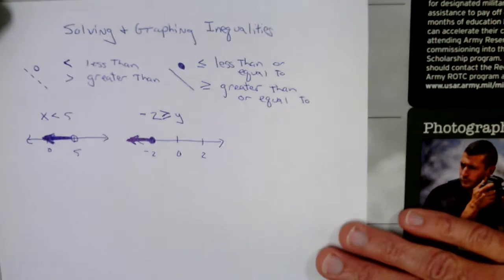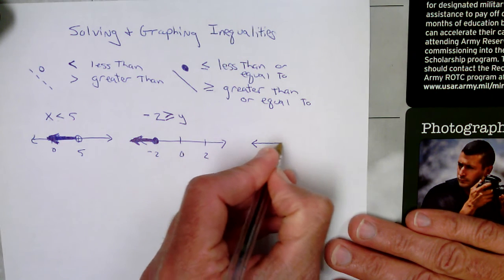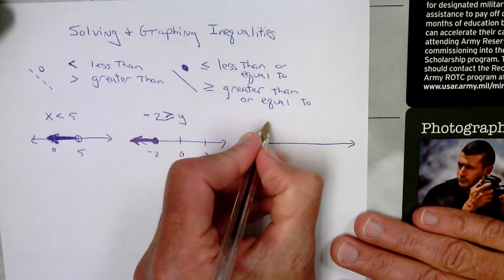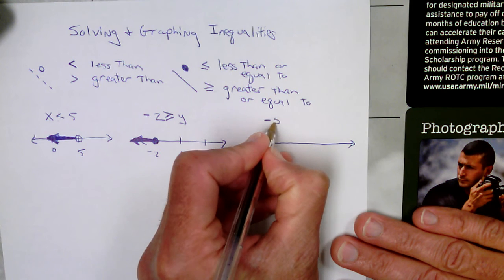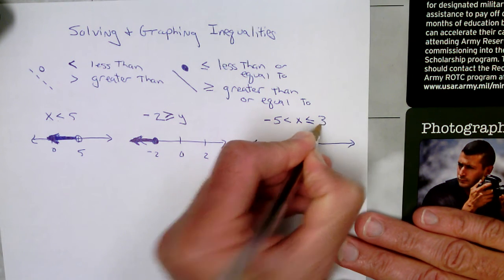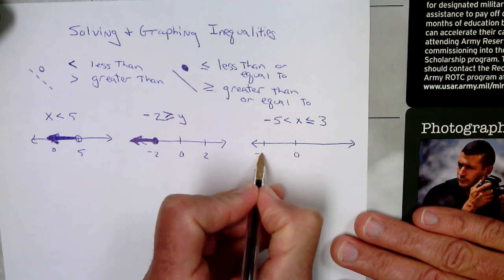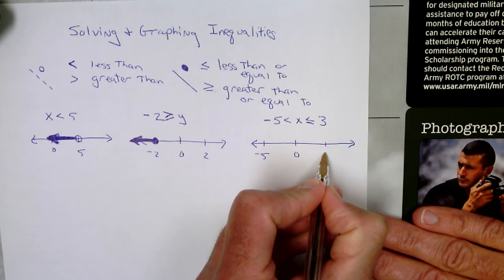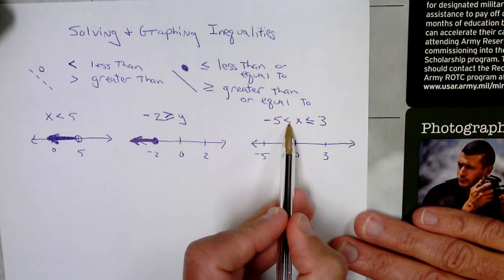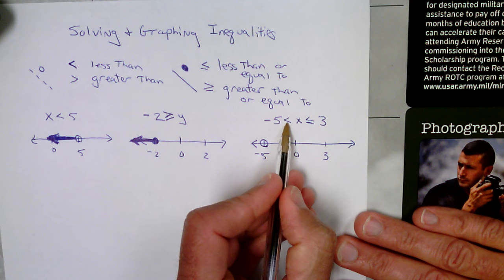Now, last but not least, sometimes you have to do a compound inequality, and a compound inequality might look like -5 is less than x, which is less than or equal to 3, for instance. So if that's our case, we're going to put a -5 out here. We'll put a +3 up there. And we're going to have two dots, one for each of these. We have an open circle at -5 because that is a less than symbol.